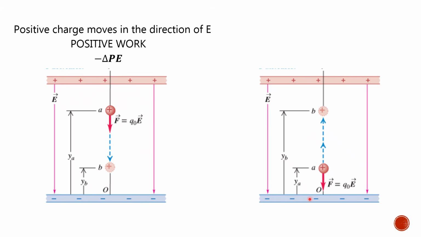But the displacement here is opposite the direction of the electric field and the electric force. So work is negative and the change in potential energy is positive, from low to high potential energy.